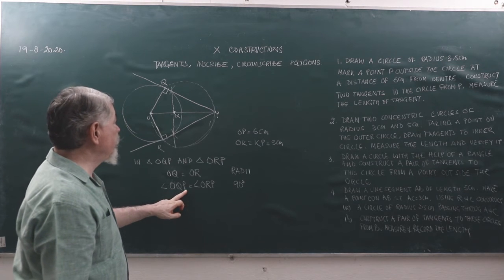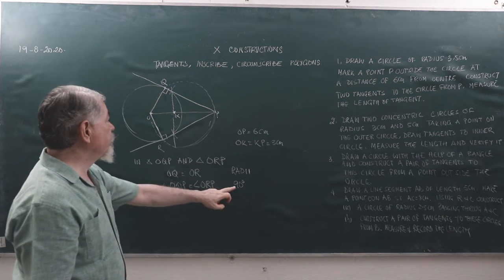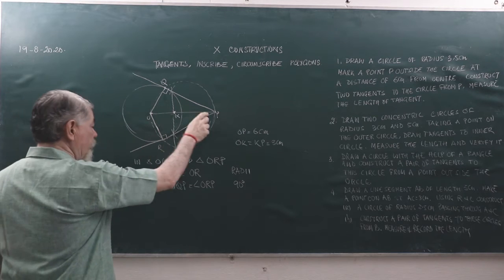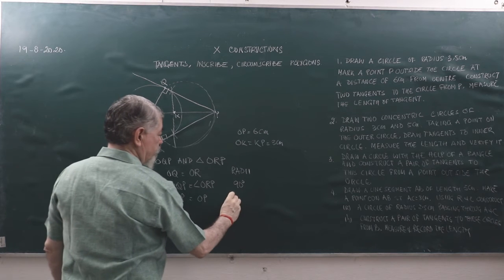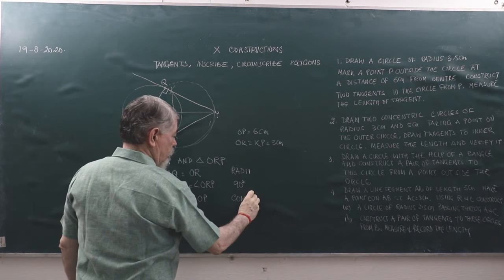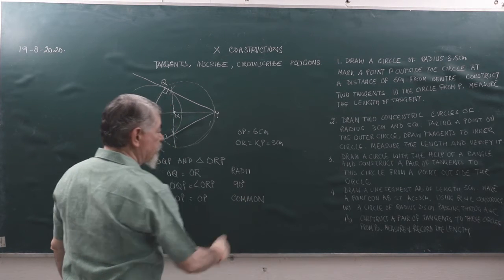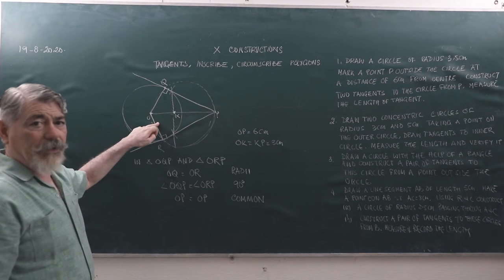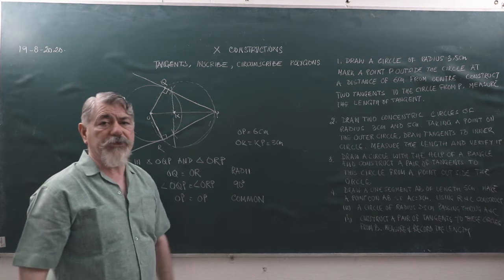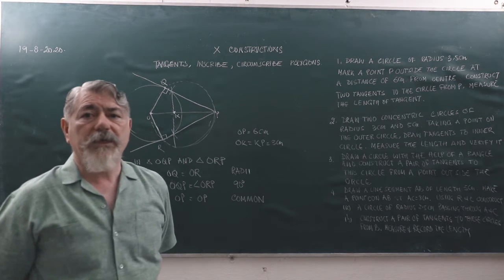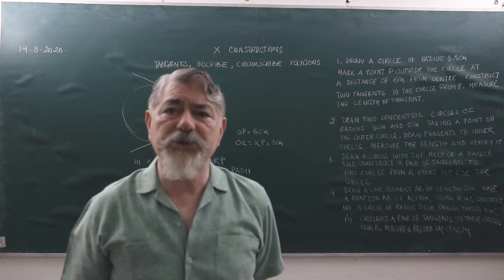So OQP is equal to ORP is equal to 90 degrees and OP is equal to OP, common. Please understand that in these two right angle triangles, OP is the hypotenuse. Why is it the hypotenuse?